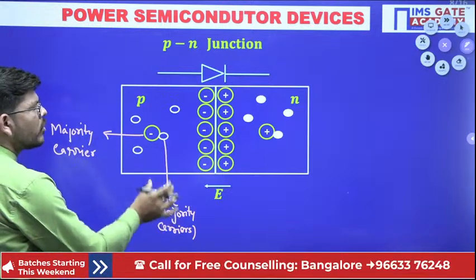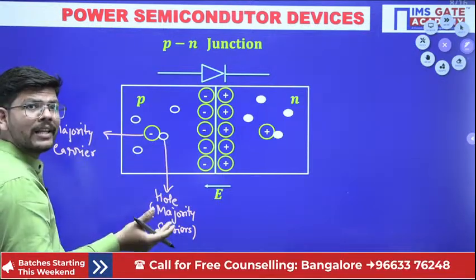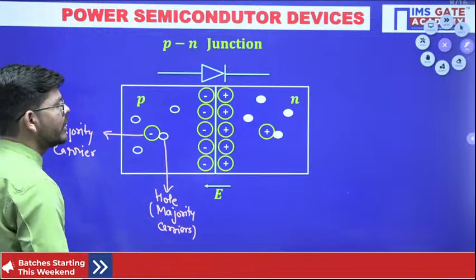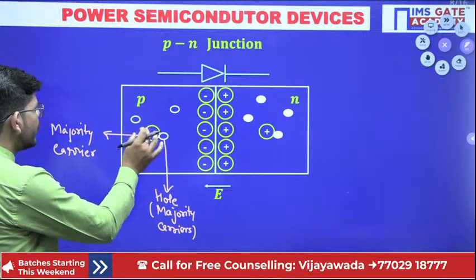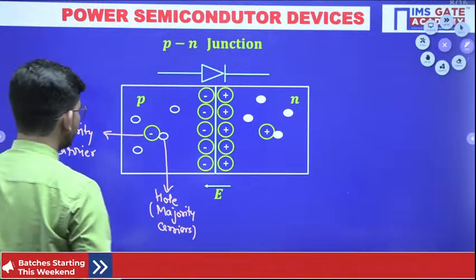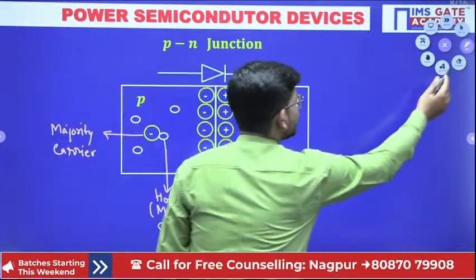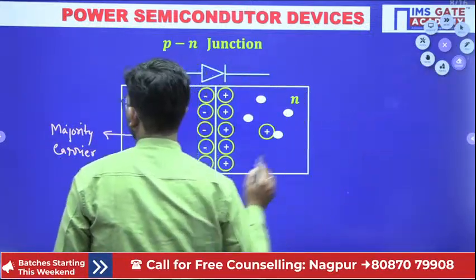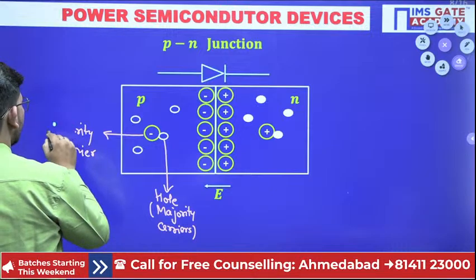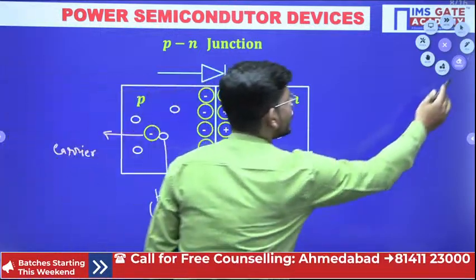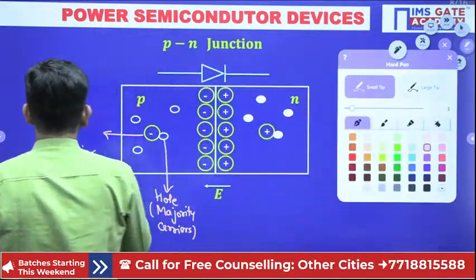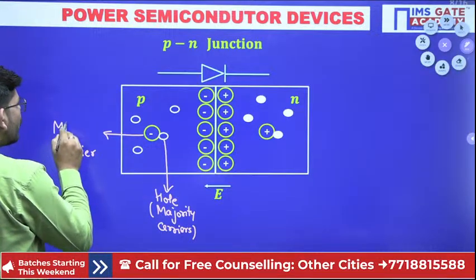Now these holes of the P type are very mobile. They are ready to move very frequently, but these acceptor ions, I have written majority, let me clear it, are immobile.